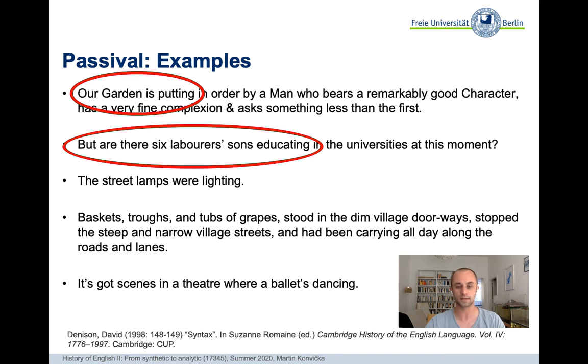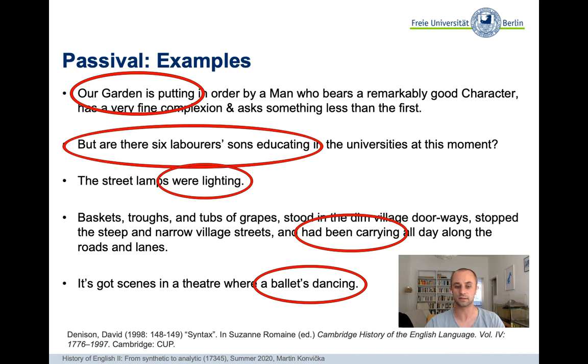So educating here means, are they being educated? Or the street lamps were lighting instead of were being lit. And here, baskets and so forth had been carrying, were being carried. And it's got scenes in a theater where a ballet's dancing, where a ballet's being danced.